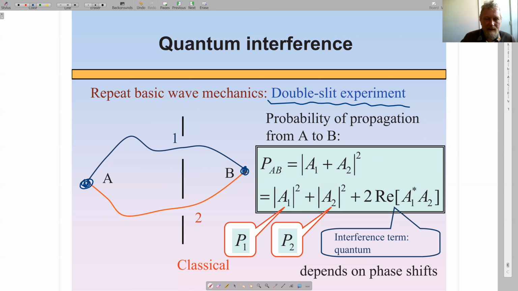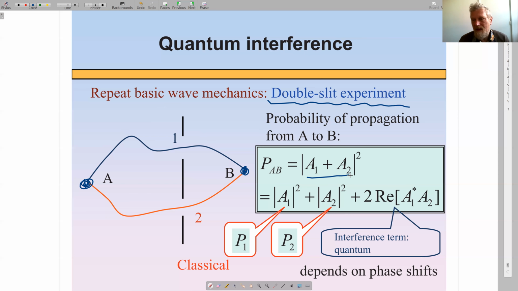All right. And how to figure out what this is? We have two slits, and we have two contributions, two ways to go from A to B. It means that if we consider an amplitude to go from A to B, we have two contributions from two paths. Okay, we got the amplitude. To get the probability, we need to square it.